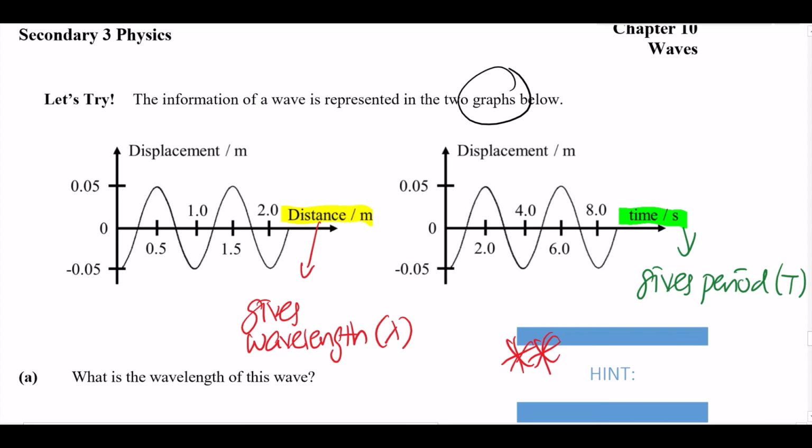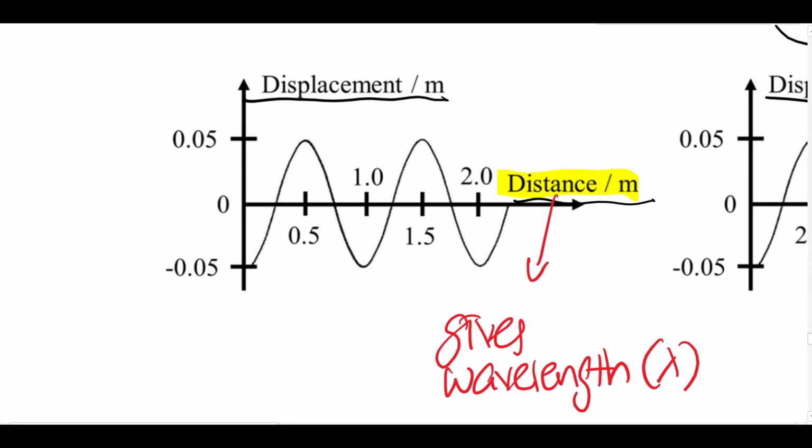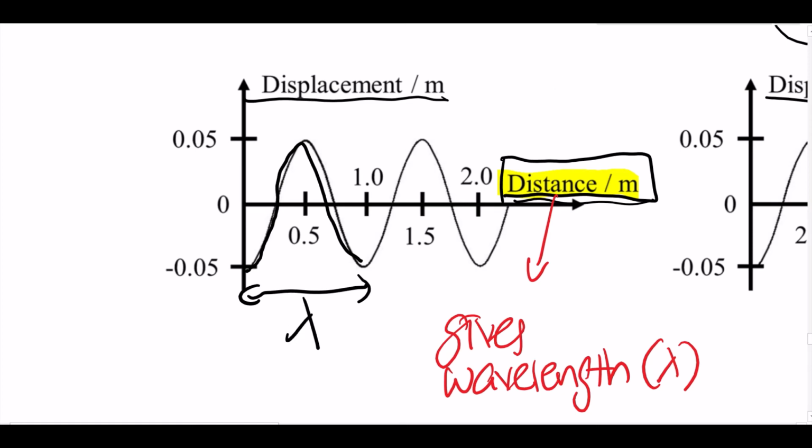When we look at a graph, what is the first thing that I always say? We must always look at the axis titles, because that is what gives meaning to the graph. In the first graph we have displacement against distance. Now, if the x-axis is distance, then one full wave like this, this part here, gives us the wavelength, because wavelength is a distance.